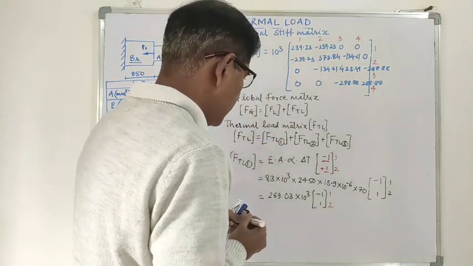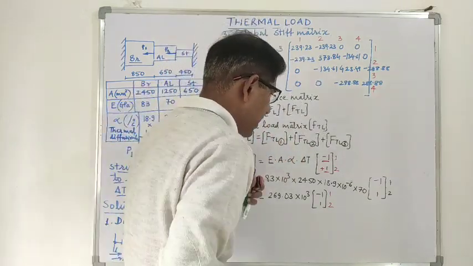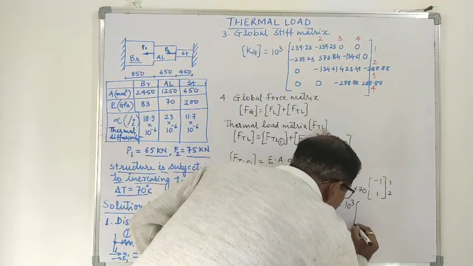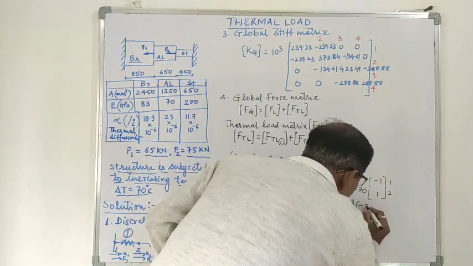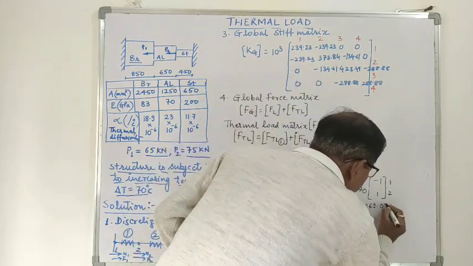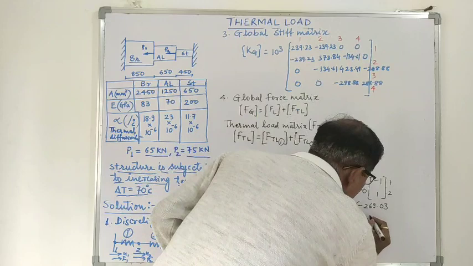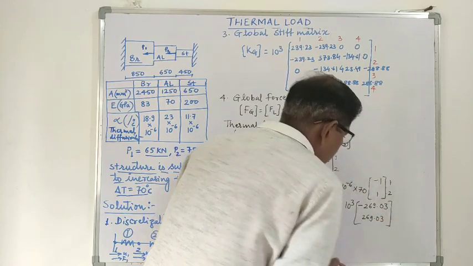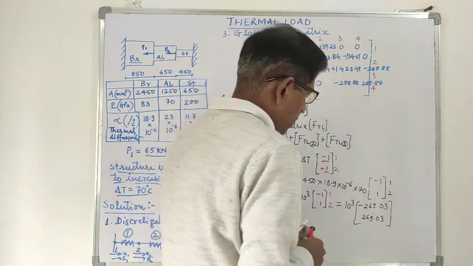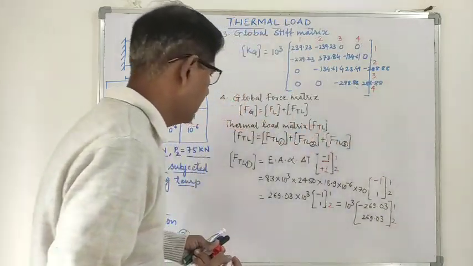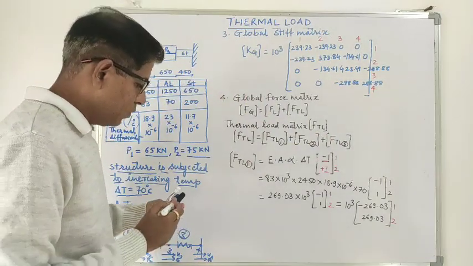Now this can be written as 10 to the power 3 outside the bracket. In the bracket it is minus 269.03 and 269.03 for node number 1, 2.